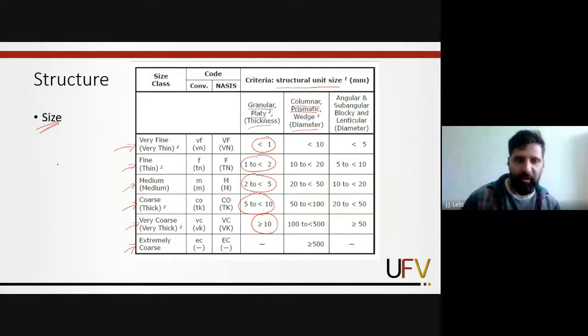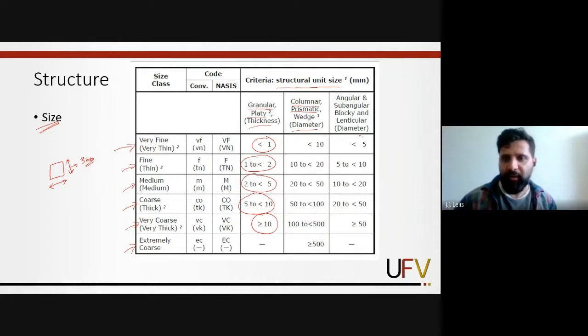So if you have an angular block, something like this, we just need to measure the size of this material. Okay, they have something like 2 or 3 millimeters. So we can see that 3 millimeters, something that has an angular block structure and has less than 5, is classified as very thin material.